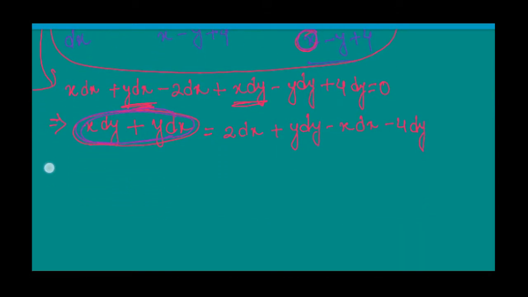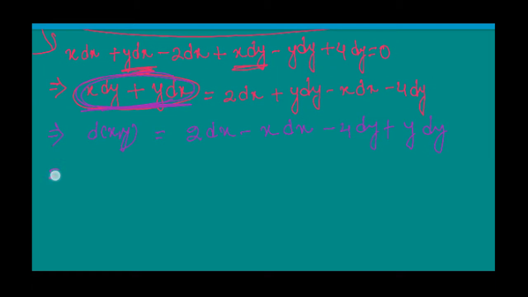So the term x dy + y dx can be written as the derivative of xy. d(xy) is equal to the whole term: 2 dx - x dx - 4 dy + y dy.